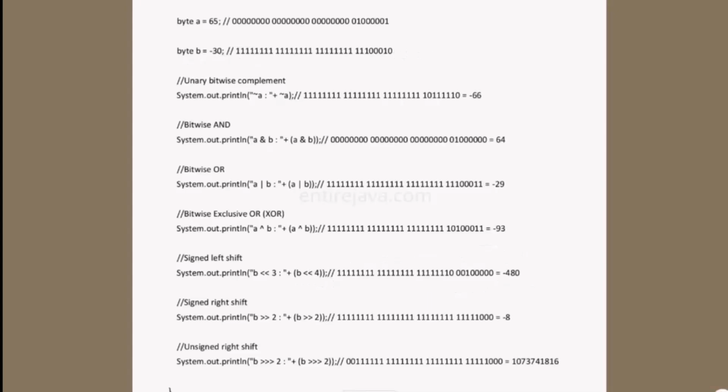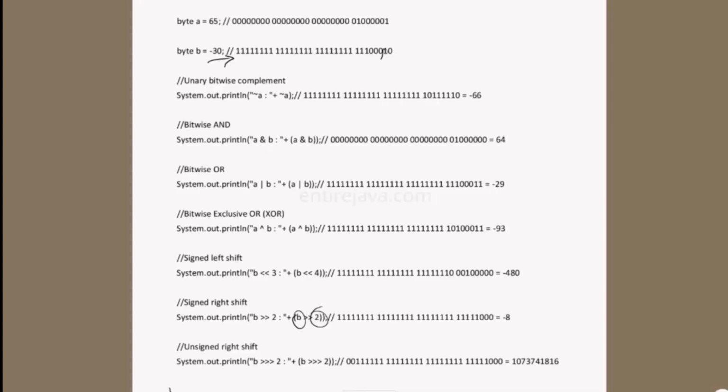We have signed right shift operator. This is similar to signed left shift operator, except it's going to push the digits towards the right. In here, we're trying to push 2 places on the variable b. So it's going to push these bits towards the right a couple of times.